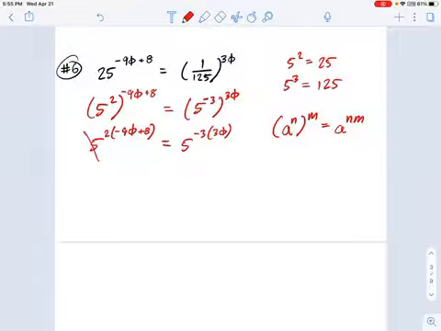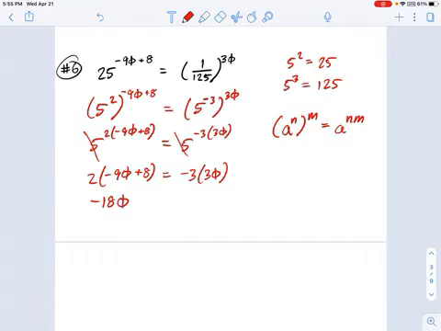Equal bases, cross out. So all that's left is 2 times negative 9x plus 8 equals negative 3 times 3x.